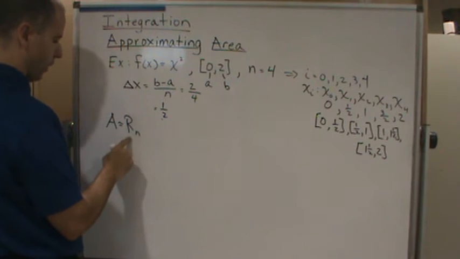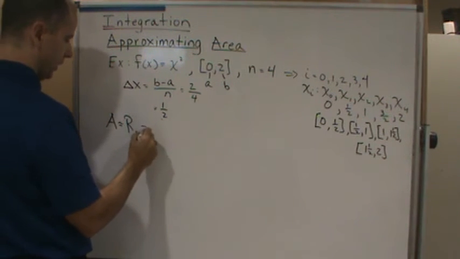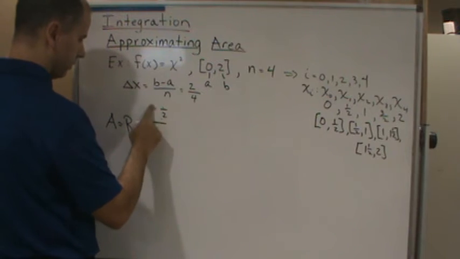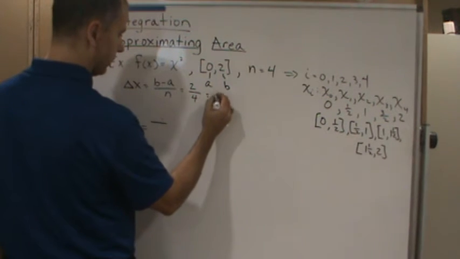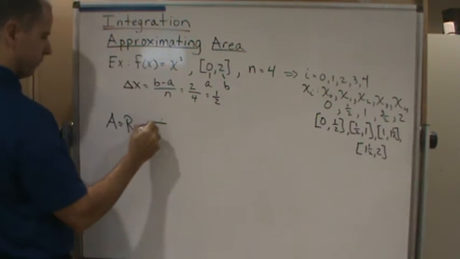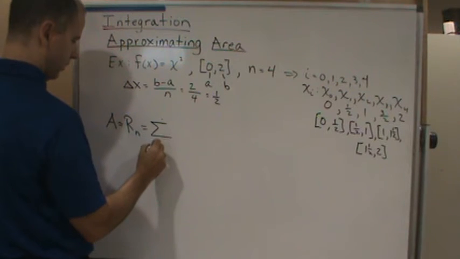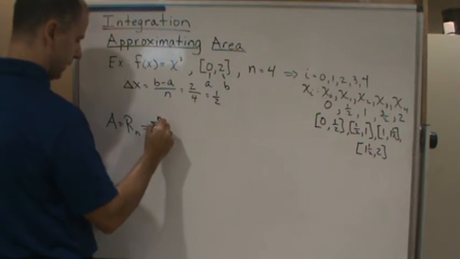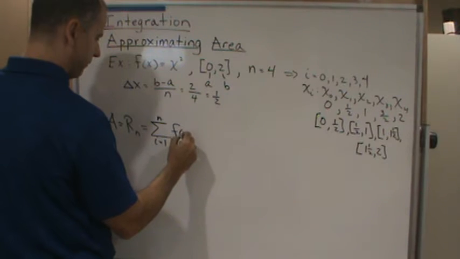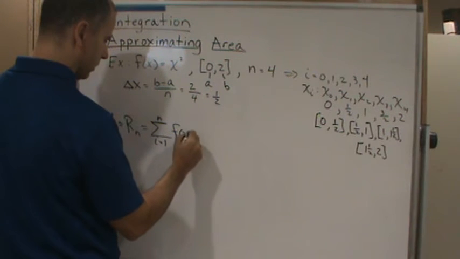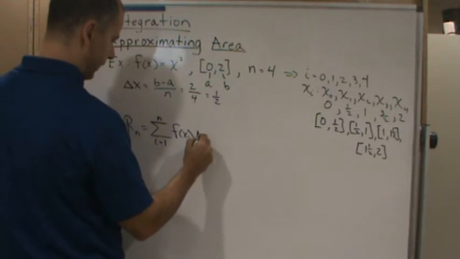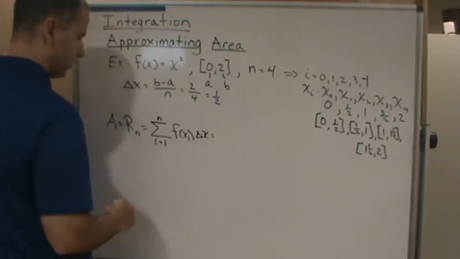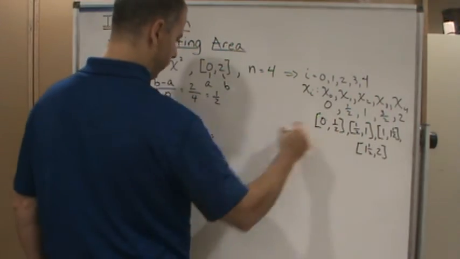The right endpoint approximation is going to equal the summation from i equals 1 to n of f of x sub i times delta x. Those are now the right endpoints.